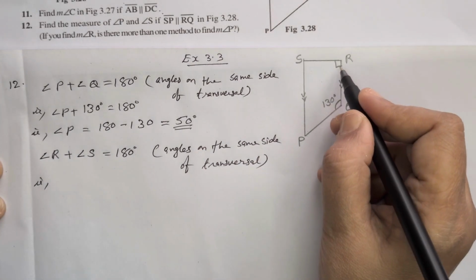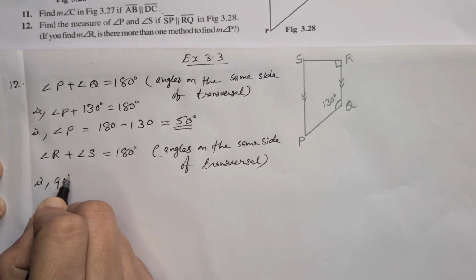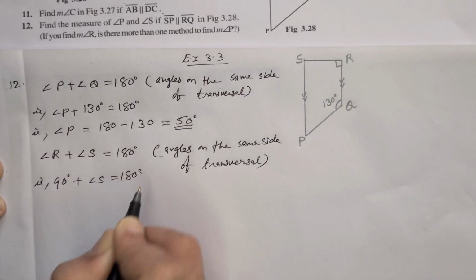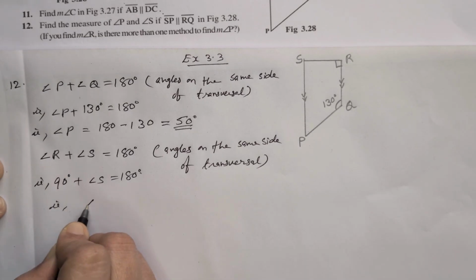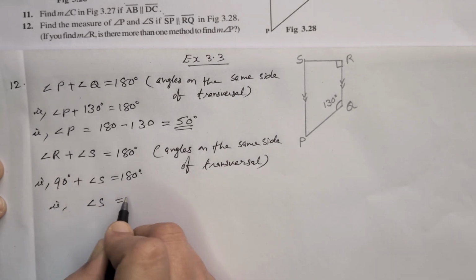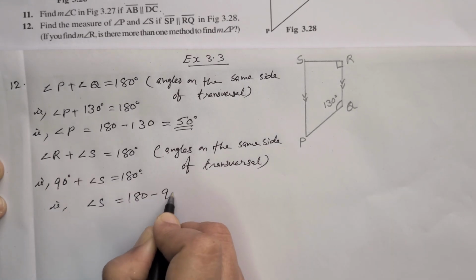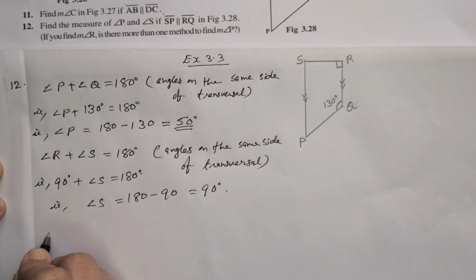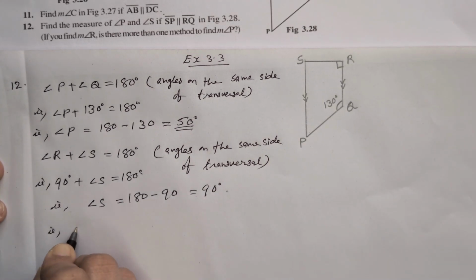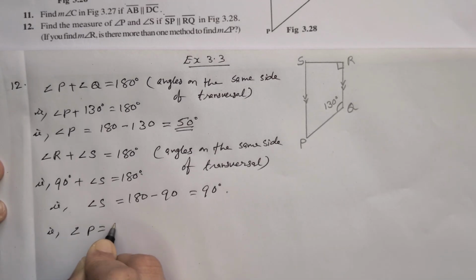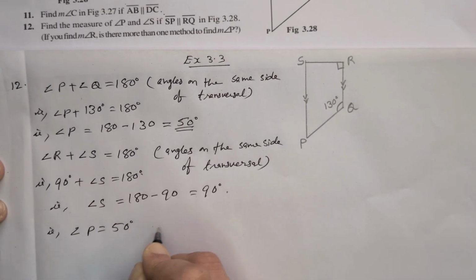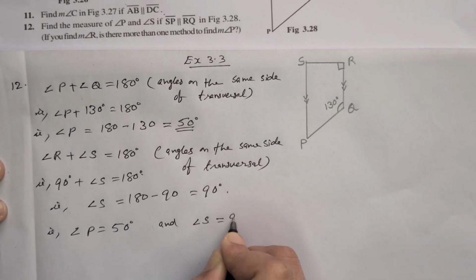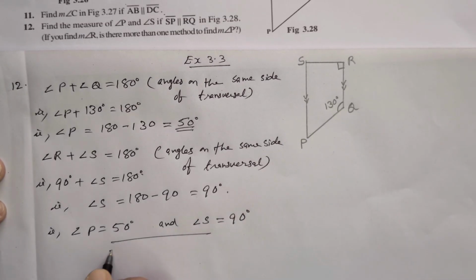Here angle R is 90 degrees plus angle S is equal to 180 degrees. That is, angle S is equal to 180 minus 90, which is 90 degrees. Therefore, angle P is equal to 50 degrees and angle S is equal to 90 degrees.